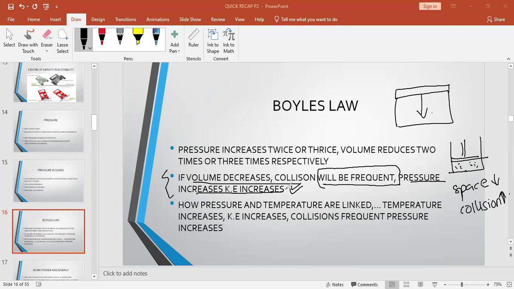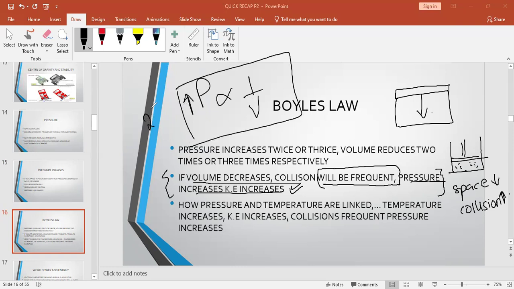These are the keywords that you are supposed to write down when the volume is increased or decreased. Clear? And that's why the pressure and volume are inversely related to each other. So if you are raising the pressure 2 times, the volume will be reduced 2 times. If you are raising the pressure 3 times, the volume will be reduced 3 times.